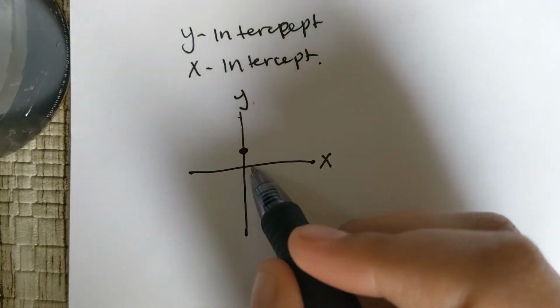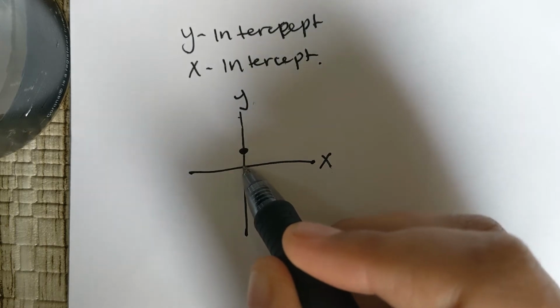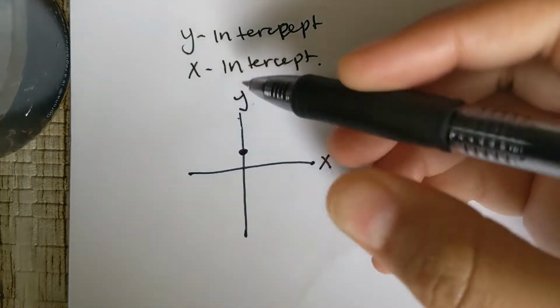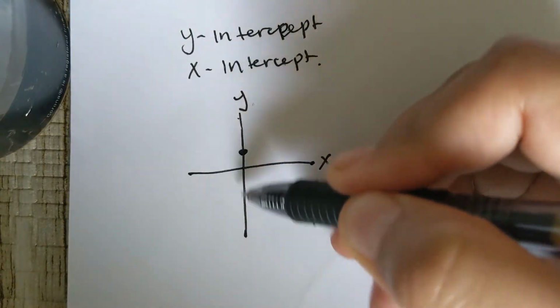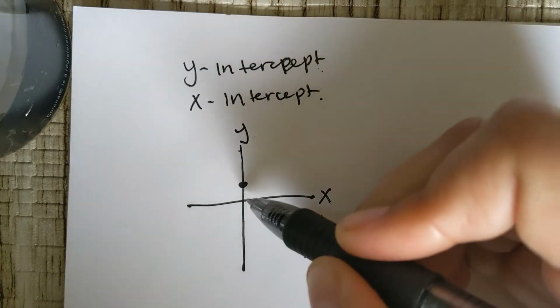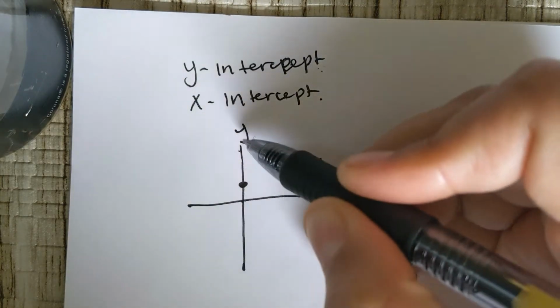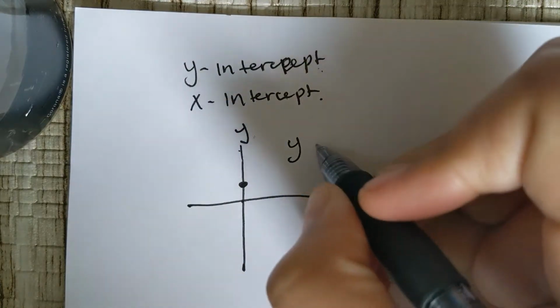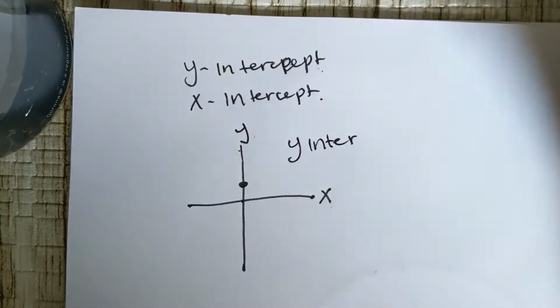Because if x is equal to 2, we're not on the y-axis. If it's -2, again, we're not on the y-axis. We need to be on the y-axis. So that means whenever we're trying to find the y-intercept, x has to equal 0, so we stay on this line. Okay? So again, in order to find the y-intercept, I'm just going to write intercept like that.